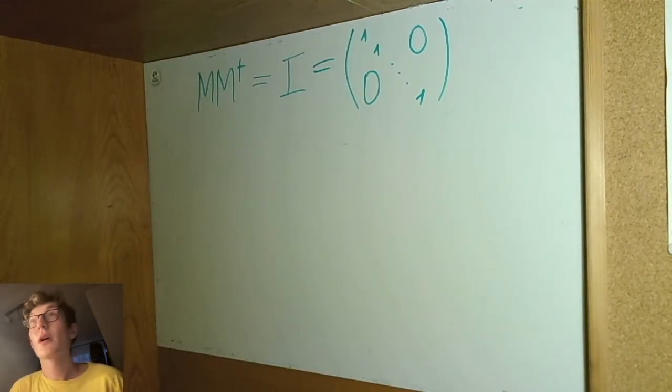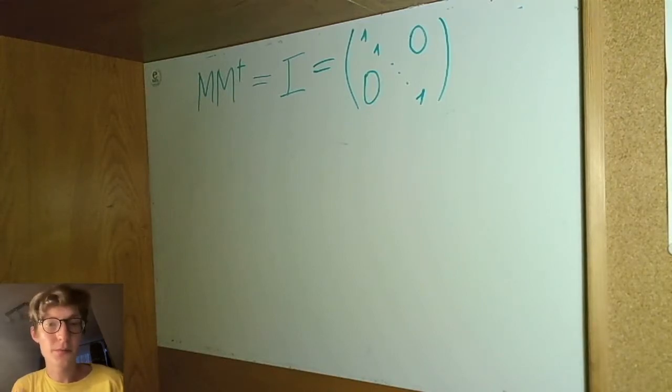In other words, its Hermitian conjugate is its inverse, okay? Because multiplied by the former matrix, it gives a unit matrix.